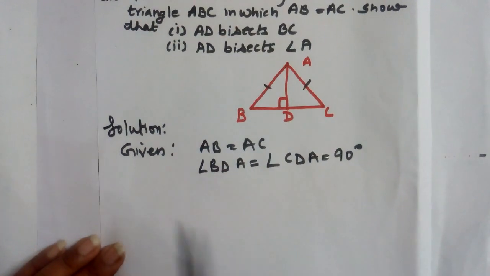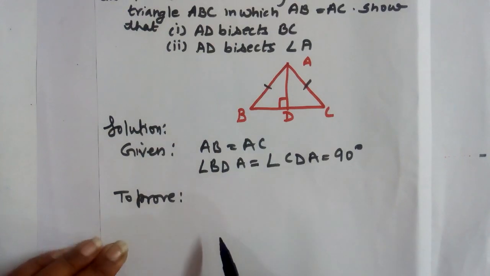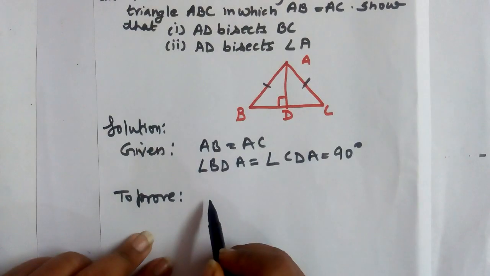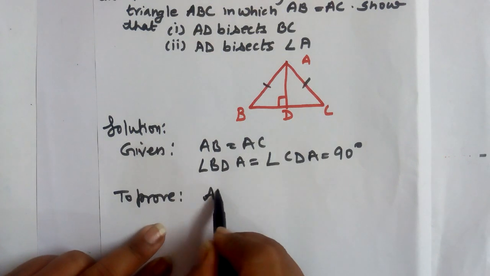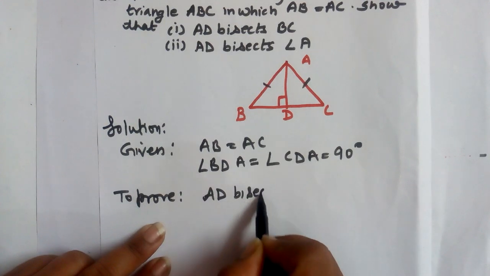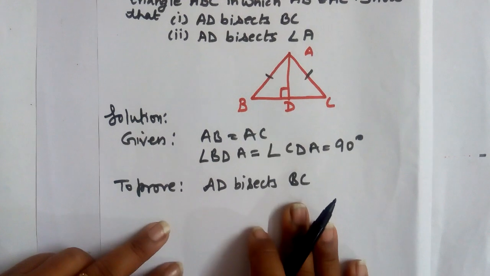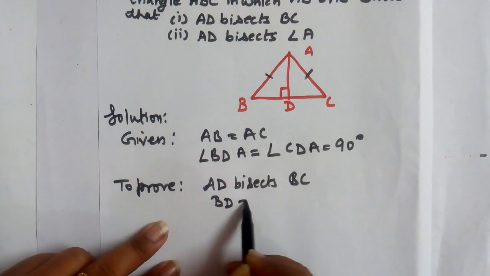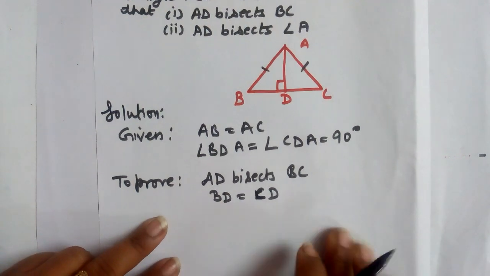Now come to the 'to prove'. The 'to prove' is always given in the question. AD bisects BC. What does it mean? We need to prove BD is equal to CD, or DC.